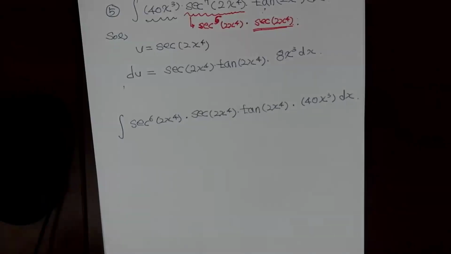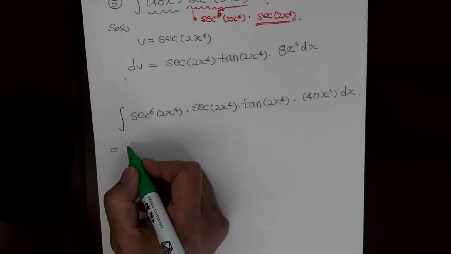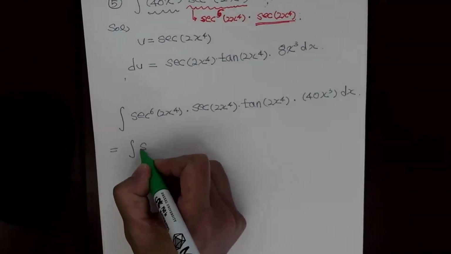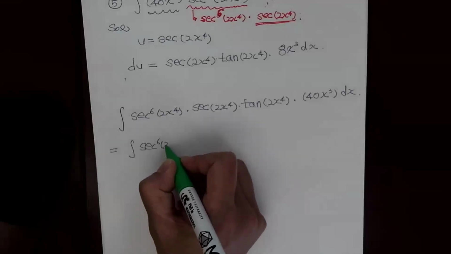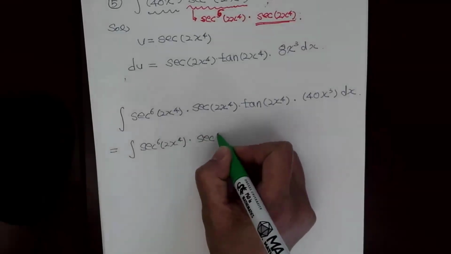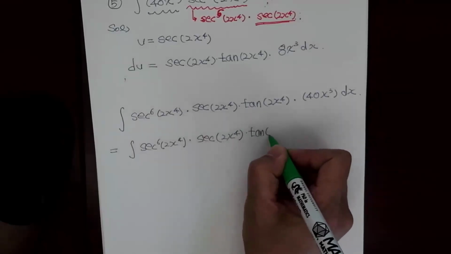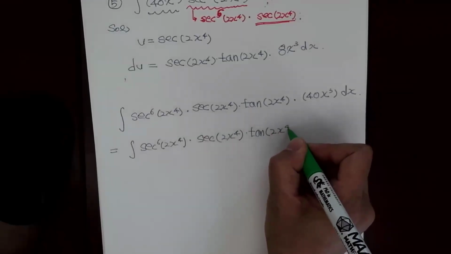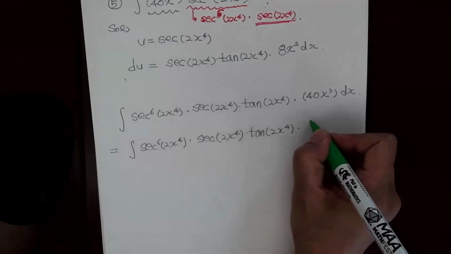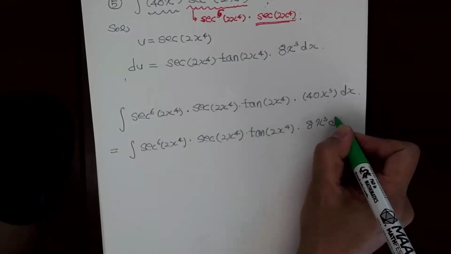So what we want to do is rewrite it as integration secant to the sixth power of 2x to the fourth power times secant of 2x to the fourth power times tangent of 2x to the fourth power times derivative of that, which is 8x cubed, and then dx.